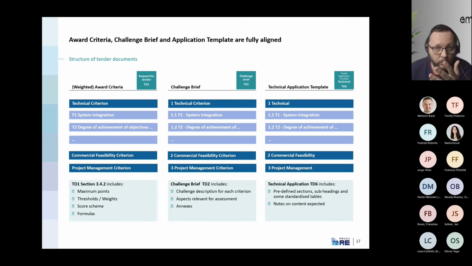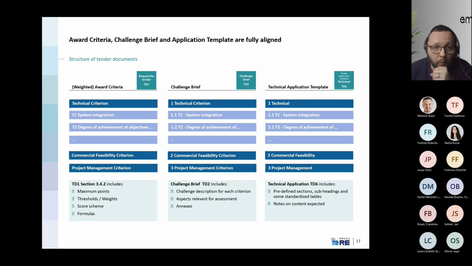So you already saw, Roberto presented to you, technical criterion, and then under it there were several sections, T11, T12, and so on. This is the same as it is in the award criteria table. Each section is one award criterion, and this pulls through to the template.